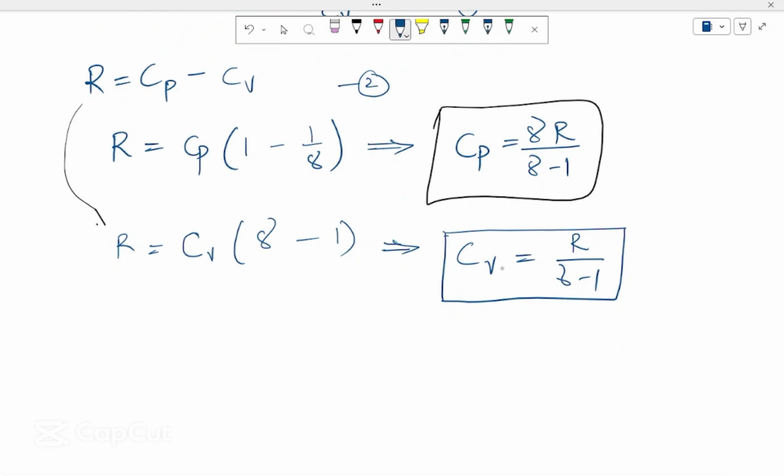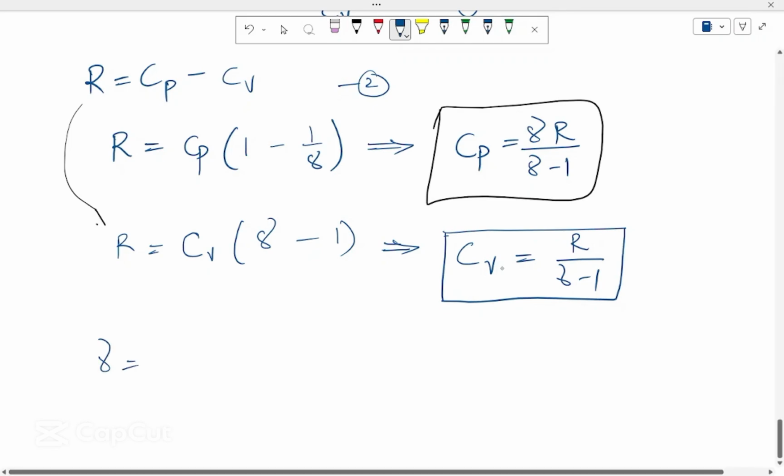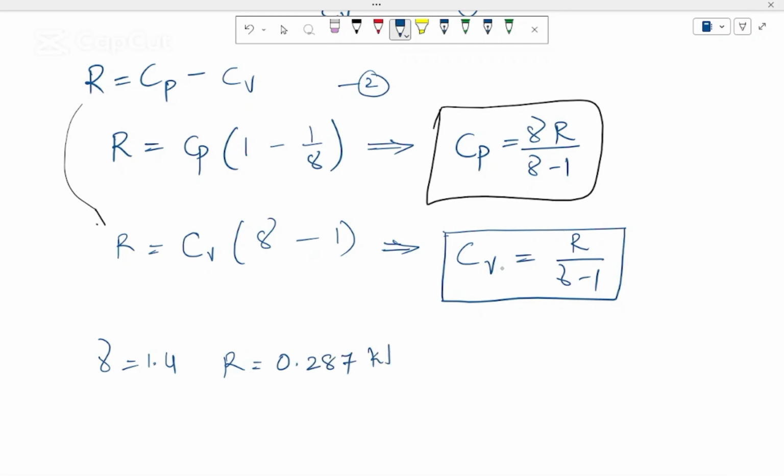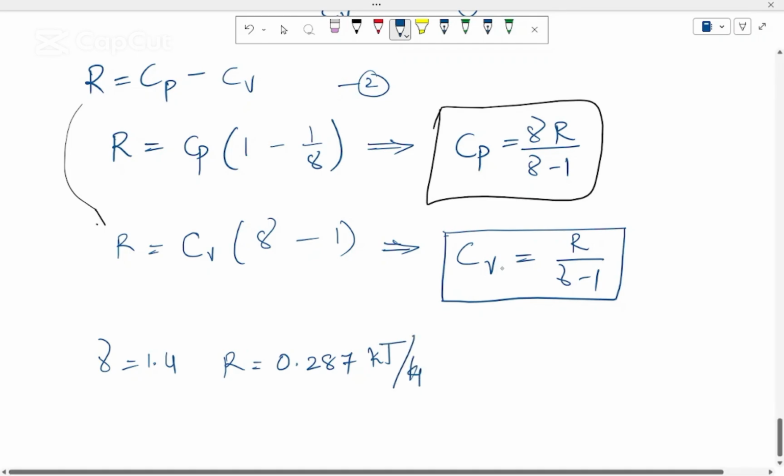You can cross check all these values for air. Let us say the gamma value for air is 1.4 and the R value for air is 0.287, measured in kilojoule per kg Kelvin.